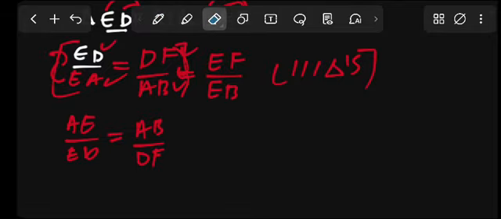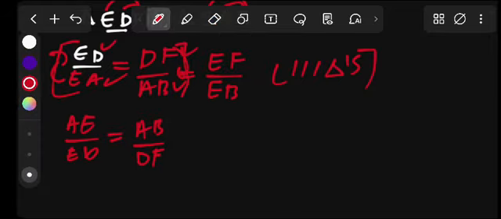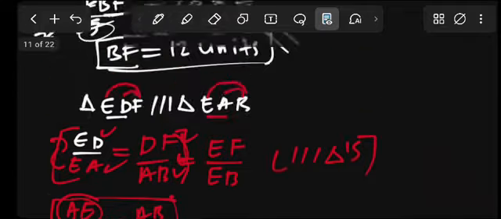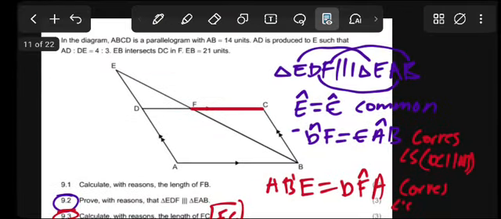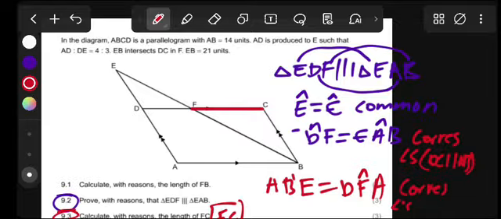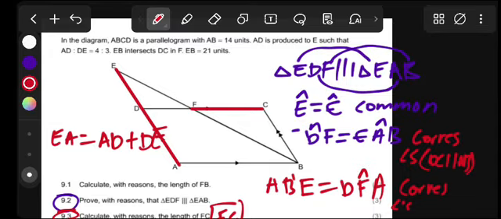So this is what we have so far. What this is going to help us with is the fact that EA, if you check here on our diagram, must be equal to the sum of AD plus DE, as you can see.